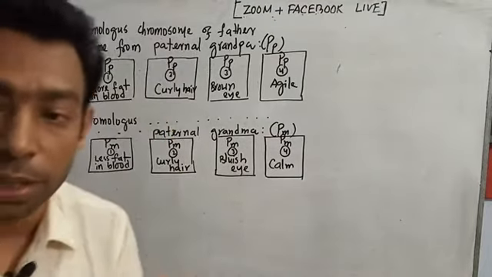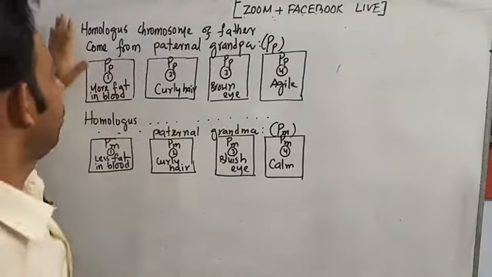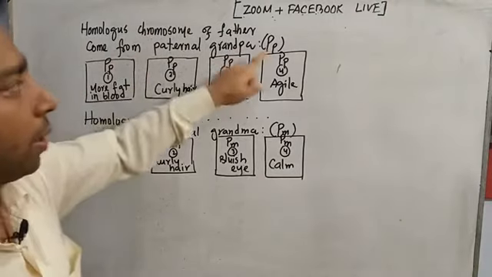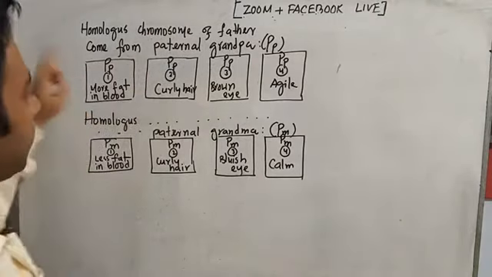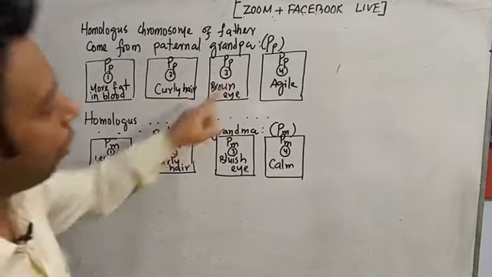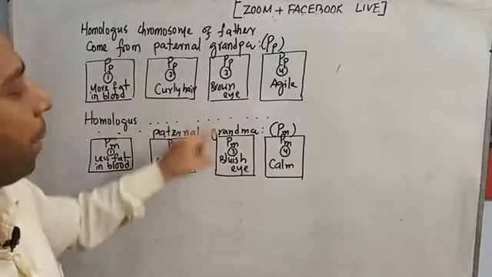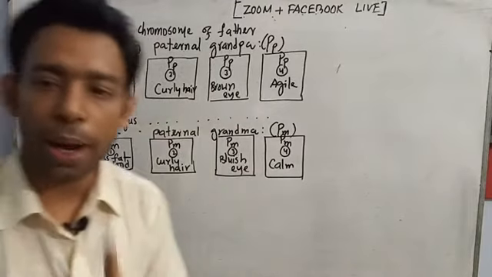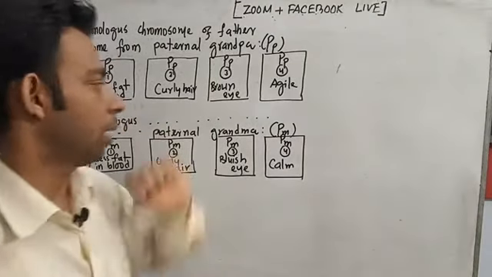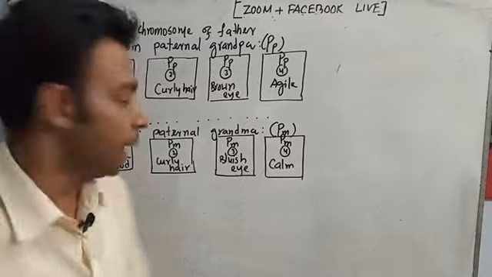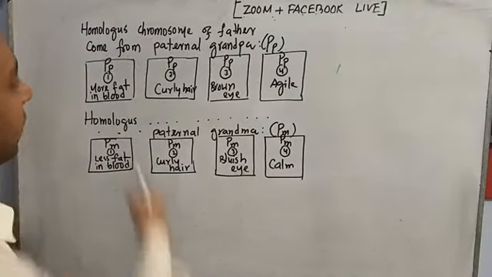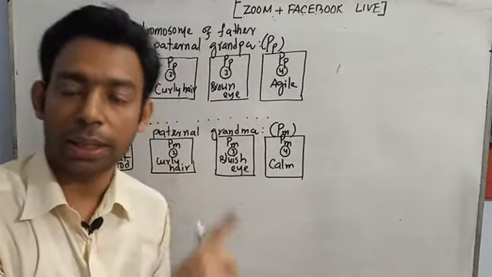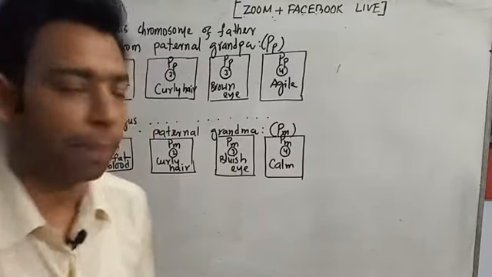It will be very easy for you. But first: homologous chromosome of father come from paternal grandpa. These four come from grandpa, and these four come from grandma. Then these two are directly father's, paternal grandpa and grandma.